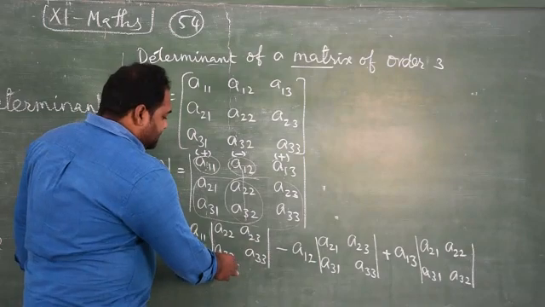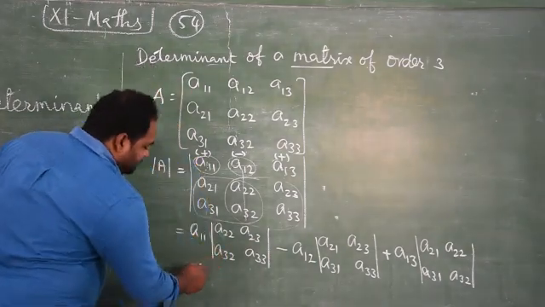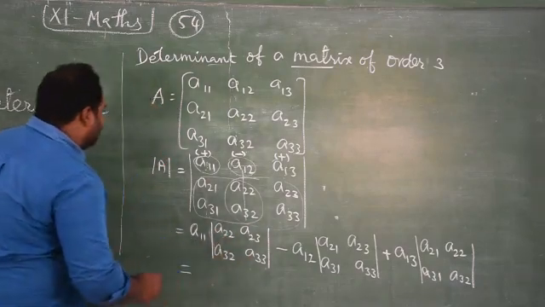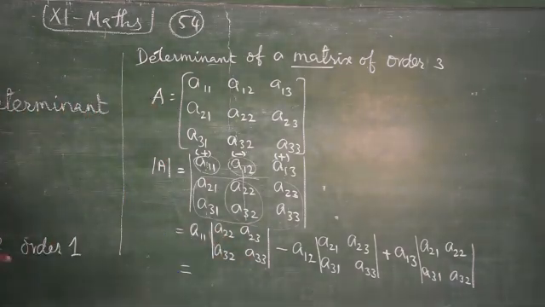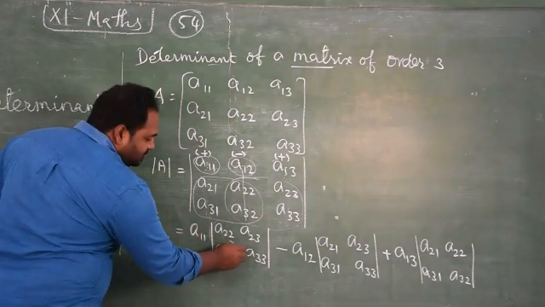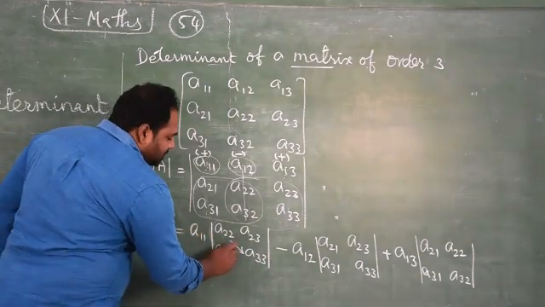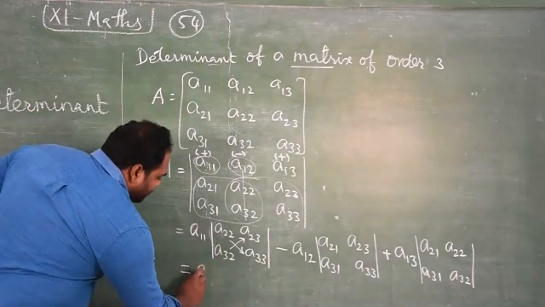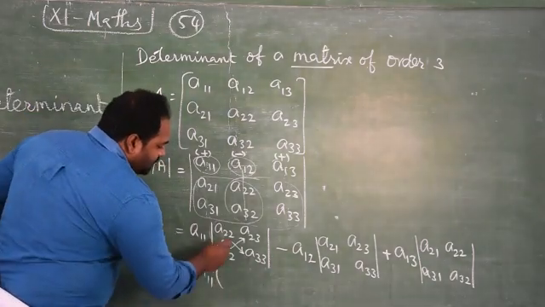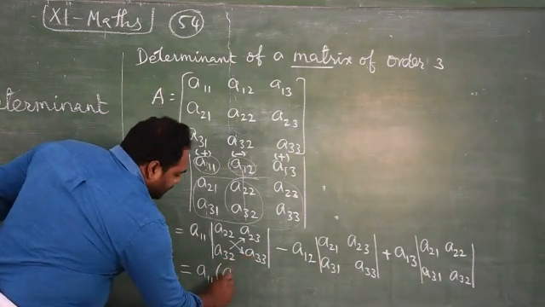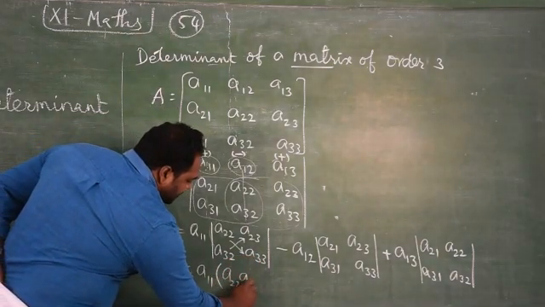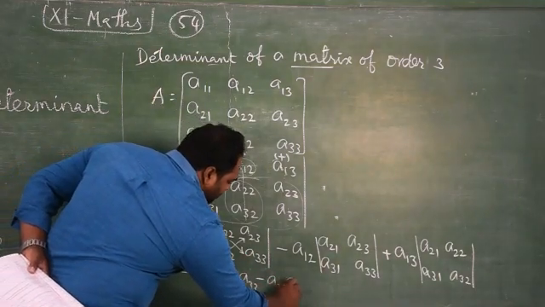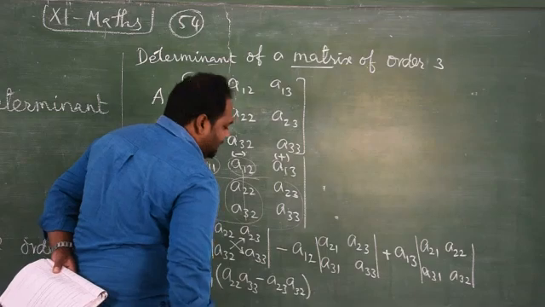After expanding this, next we know how to find the modulus value. Already we have studied in the 2 cross 2 matrix: cross multiplication of these two elements minus cross multiplication of these two elements. The same thing we are going to do here: A11 into cross multiplication of these two, A22 A33 minus A23 A32. This is one element.